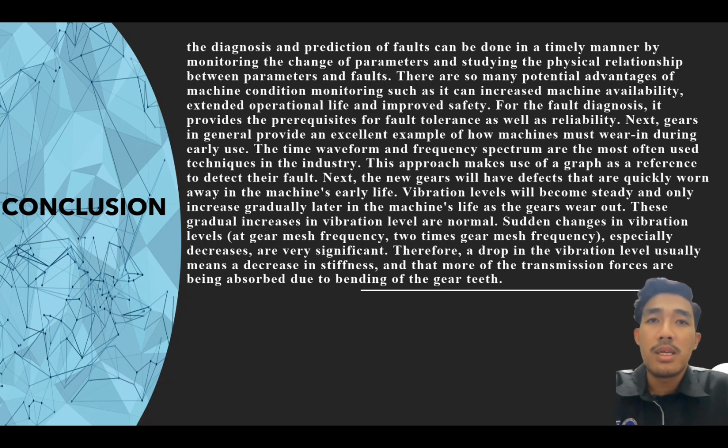Sudden change in vibration level at gear mesh frequency or two times gear mesh frequency, especially a decrease, is very significant. Therefore, a drop in vibration level usually means a decrease in stiffness, and that more of the transmission force is being absorbed due to bending of the gear teeth.